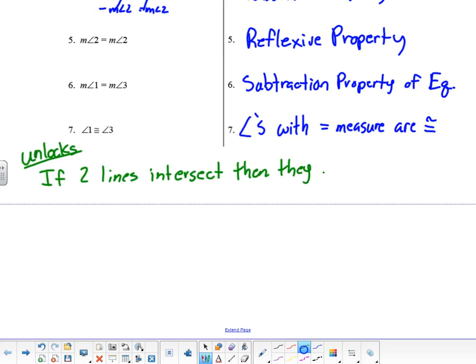So that's how we're going to use this theorem, and we've already done that in our proof parts sheet. That's what we are proving in that theorem.